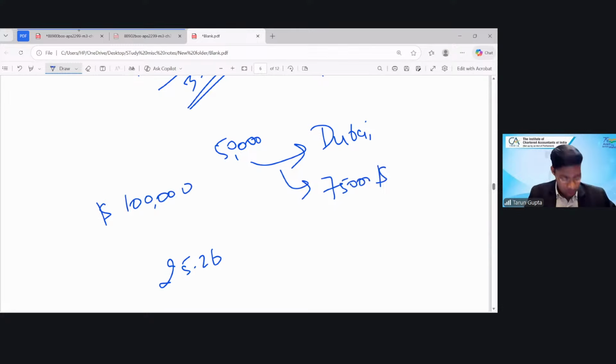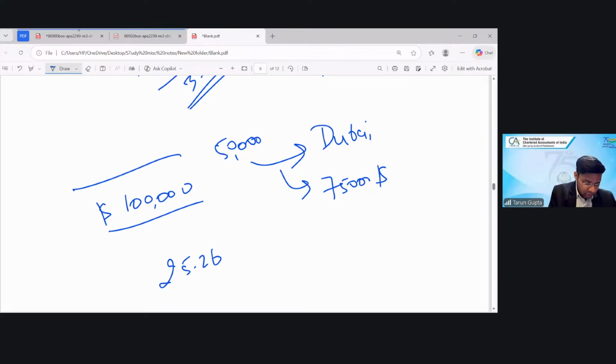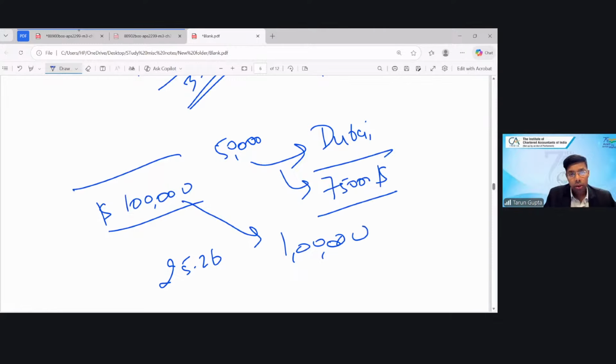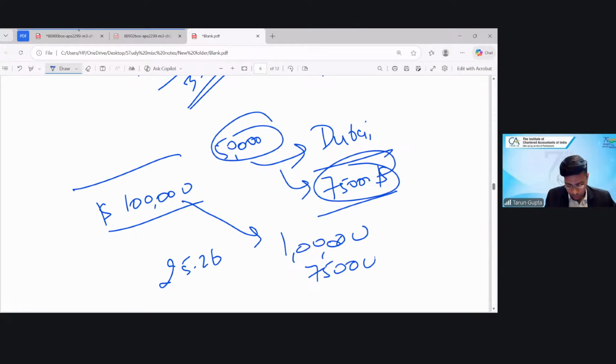Now in 25-26, his undisclosed foreign assets shall be the aggregate of deposit 1 lakh, and this house, the cost or fair market value whichever is higher, 75,000. So it will be taxed on 1,75,000.